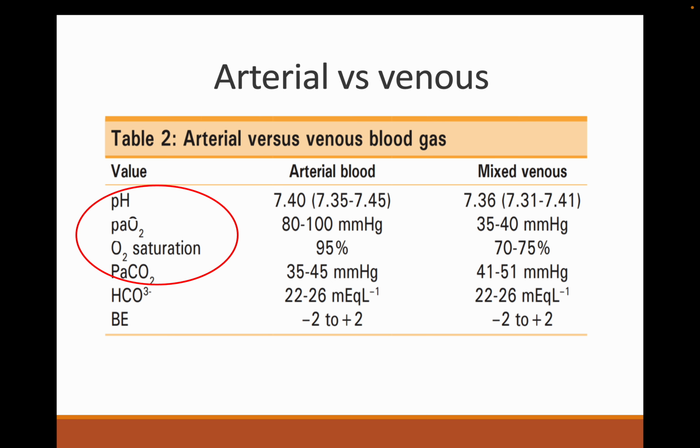Especially look at the PaO2 value: unless the patient is severely hypoxic or requiring a ventilator, arterial PaO2 does not generally come down to 35 to 40.